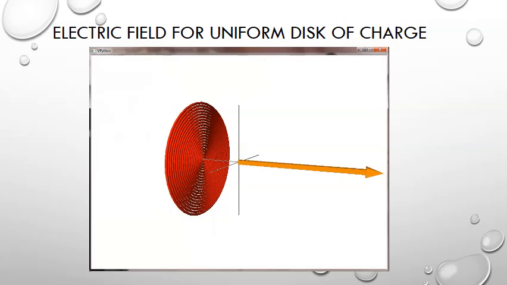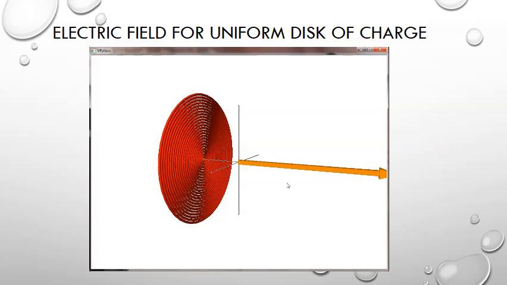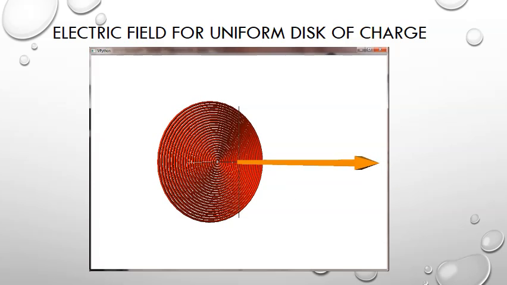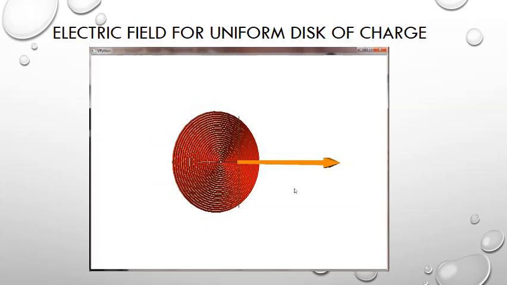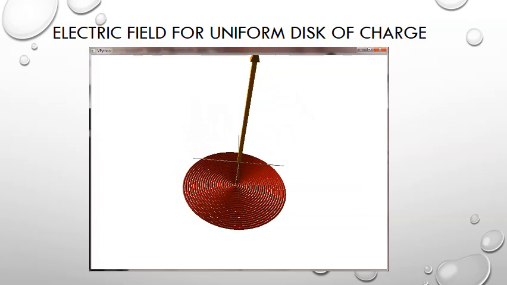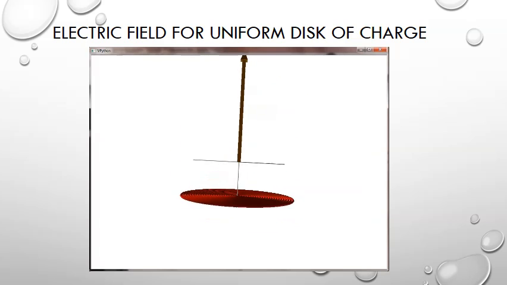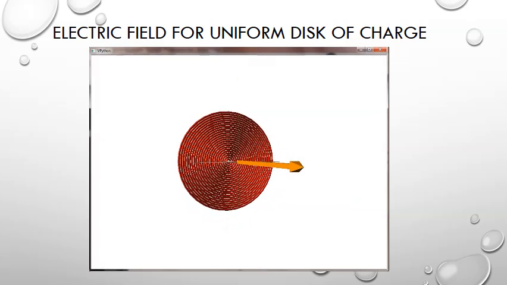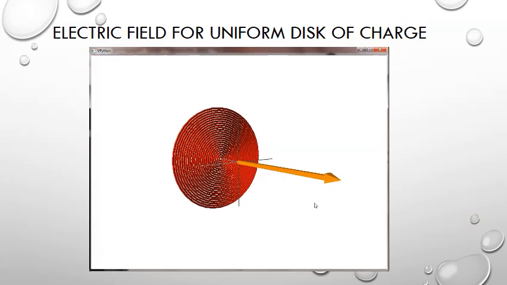And you can see that the electric field gets quite large. And no matter how it's oriented, it always points away from the disk since the disk has positive charge on it. You can see even when it's oriented in a different direction, it still points away. And we're going to assume we're over the center of the disk.